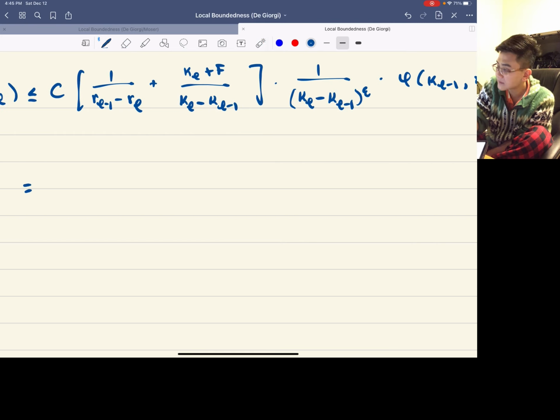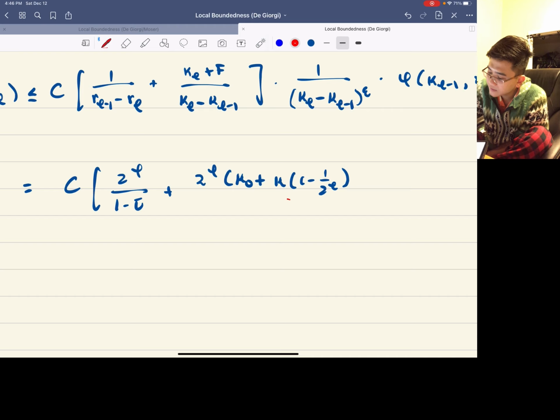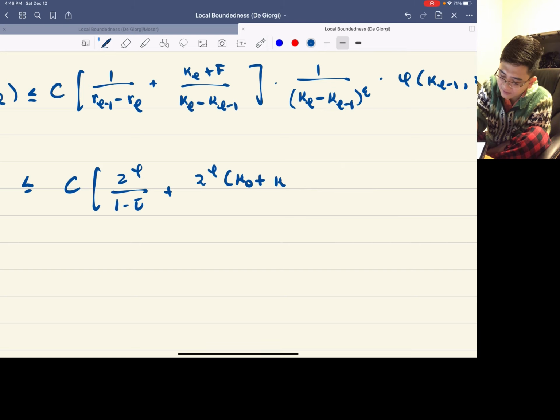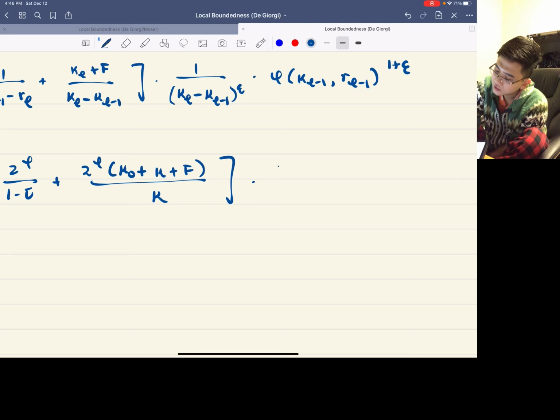So we get C 2 to the L, 1 minus tau, plus 2 to the L, K0 plus K plus F. It's actually K times 1 minus 1 over 2 to the L. But note that this is less than or equal to K. So just make it K and therefore this is not equal but less than or equal. K plus F over K times 2 to the epsilon L over K to the L.